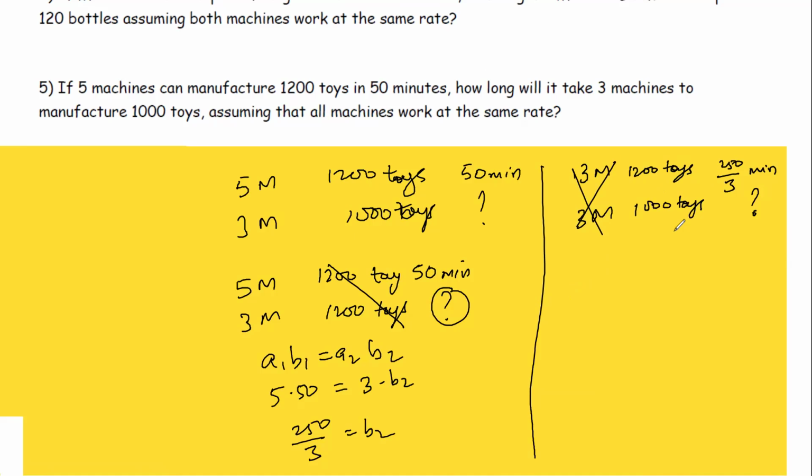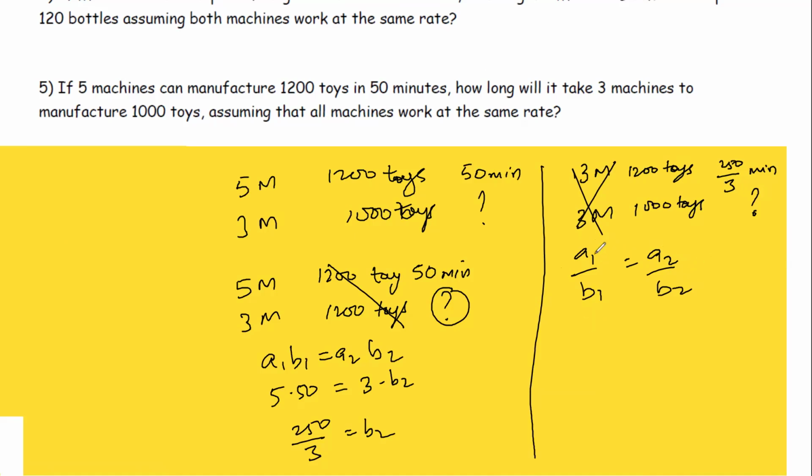How much time will it take for less number of toys? If the same machine is deployed for less number of toys, it'll take less time. And if the output was more, it would take more time. Correct. So it is directly related. You can use your unitary method, like 1000 into 250 by 3 upon 1200, or you can use this one.